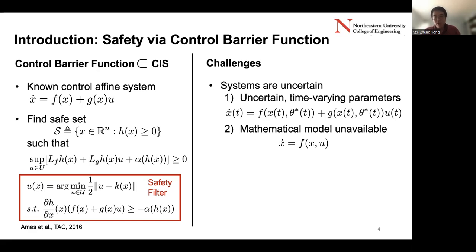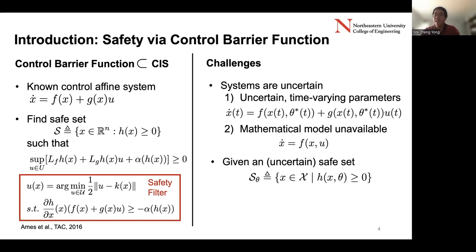We will also consider systems that are uncertain in the sense that there is no mathematical model available at all, but we have some data that we will use to learn what this model is. We are going to be assuming that we are given an uncertain safe set.